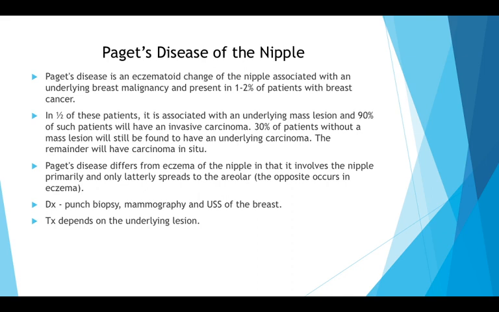In Paget's disease, it involves the nipple primarily and only later spreads to the areolar region, whereas the opposite occurs in eczema. It starts with the areola and then moves its way onto the nipple. Diagnosis is via punch biopsy, mammogram, as well as ultrasound scan, and your treatment will depend on the underlying lesion.